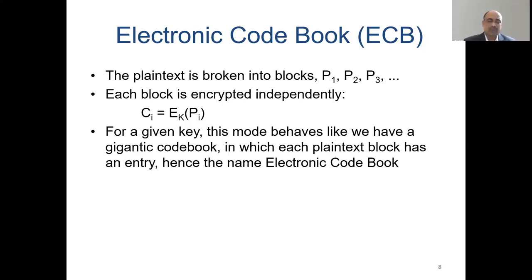There are n blocks, and in this method, each and every block is encrypted independently using the encryption key. The formula is: for the ith block, the ciphertext Ci is equal to the encryption of the plain text Pi using the key k.